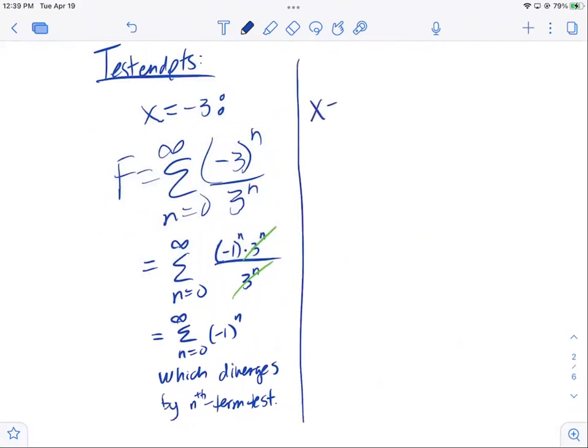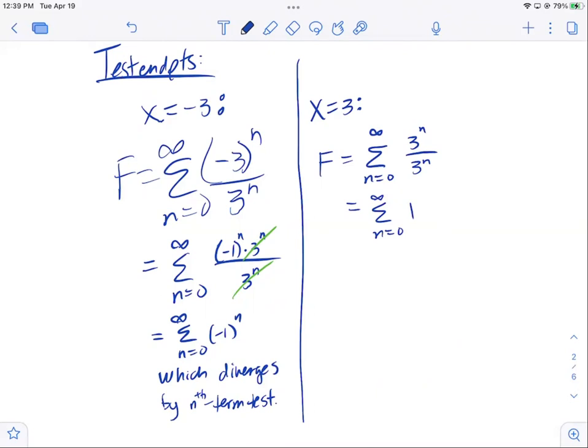And then we would test the other endpoint, x equals 3, and you'll get f equals sigma from n equals 0 to infinity of 3 to the n over 3 to the n, which simplifies directly to 1. Well, that's 1 plus 1 plus 1 plus 1 plus 1 plus 1 plus 1.